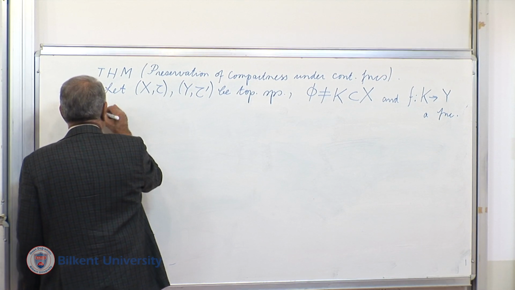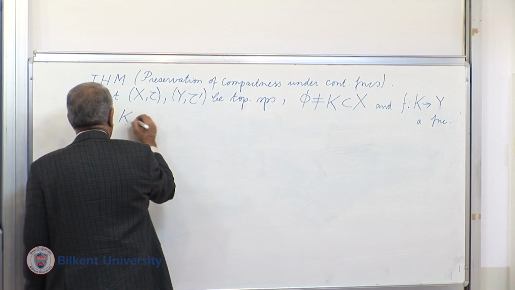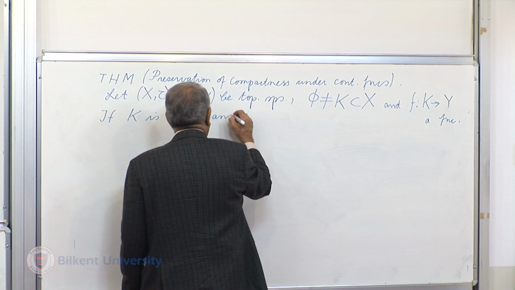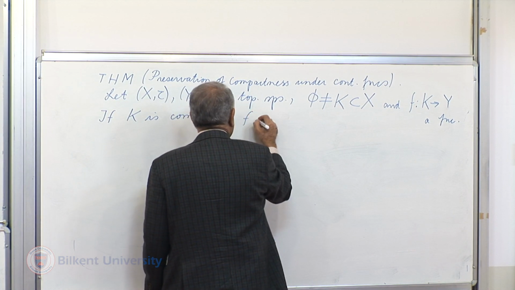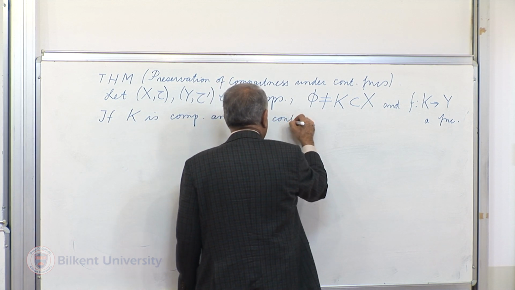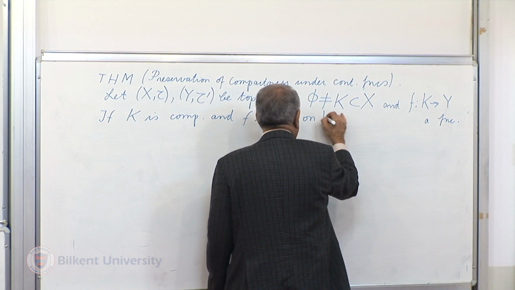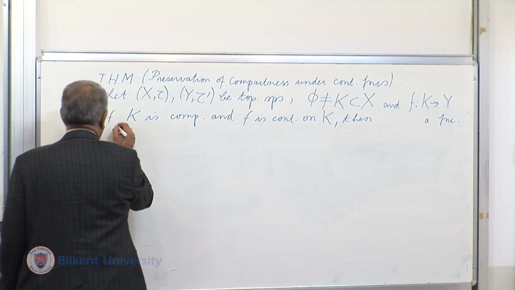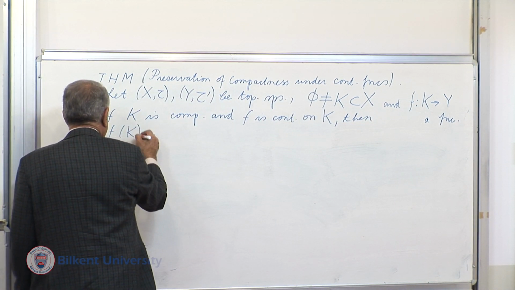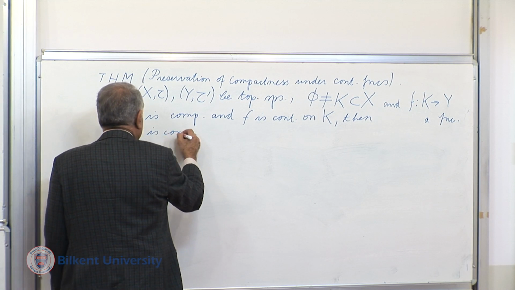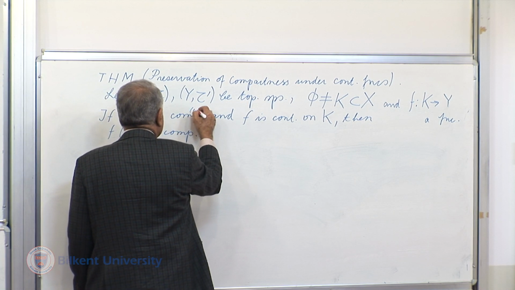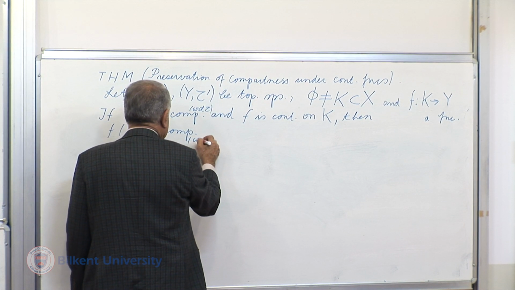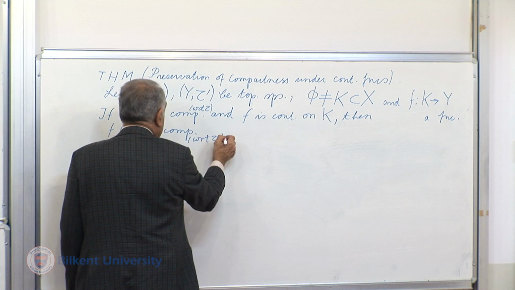Now, if K is compact and f is continuous on K, then f of K is compact. Of course, this is compactness with respect to tau and this is compactness with respect to tau prime.